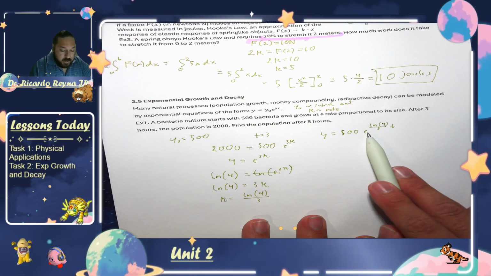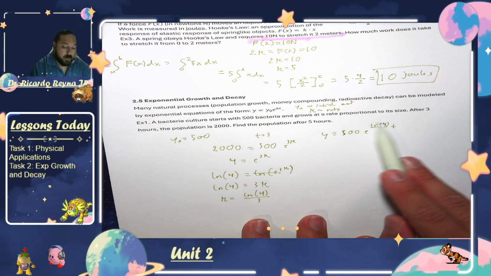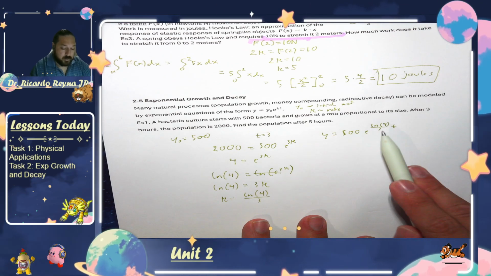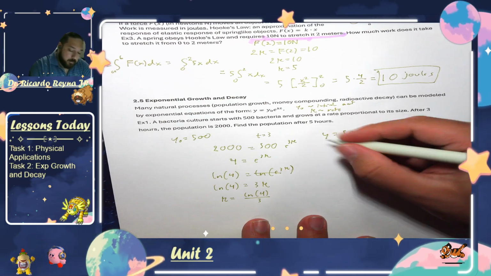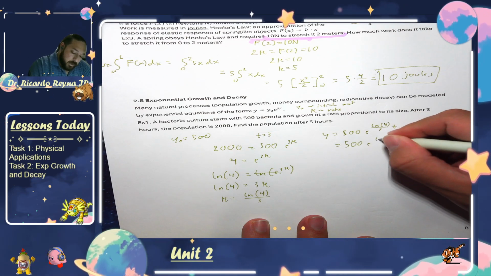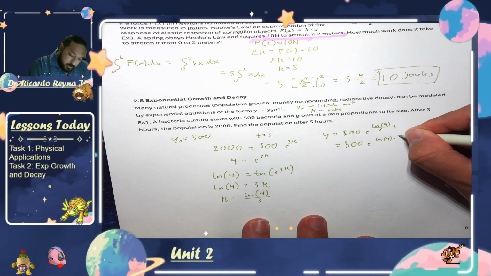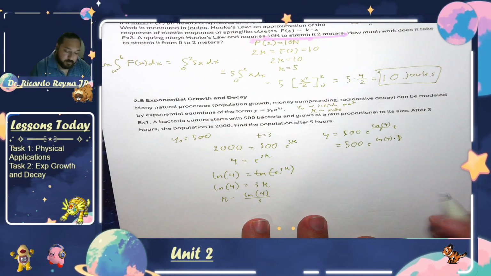This can be cancelable, but we have to be smart about how we're canceling this. Okay? So keep in mind that we can rewrite this top part as a product. So ln of 4 times t to the power over 3.